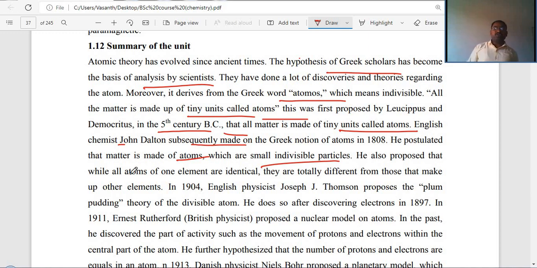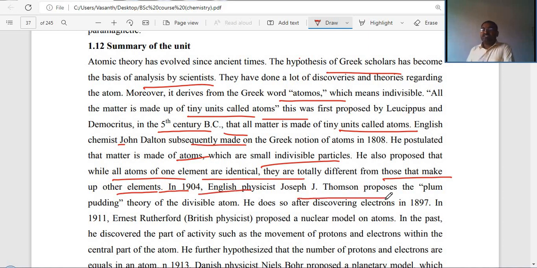He also proposed that while atoms of one element are identical, they are totally different from those that make up other elements. In 1904, English physicist Joseph J. Thomson proposed the plum pudding theory of the atom, after discovering electrons.